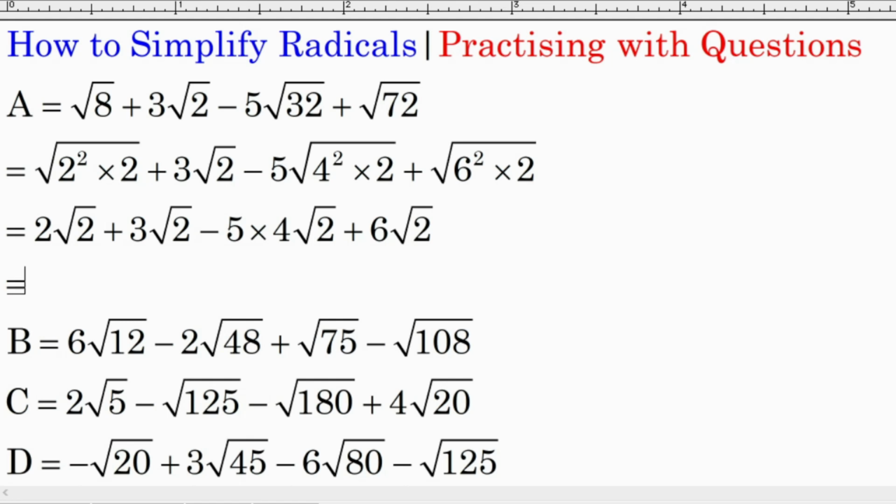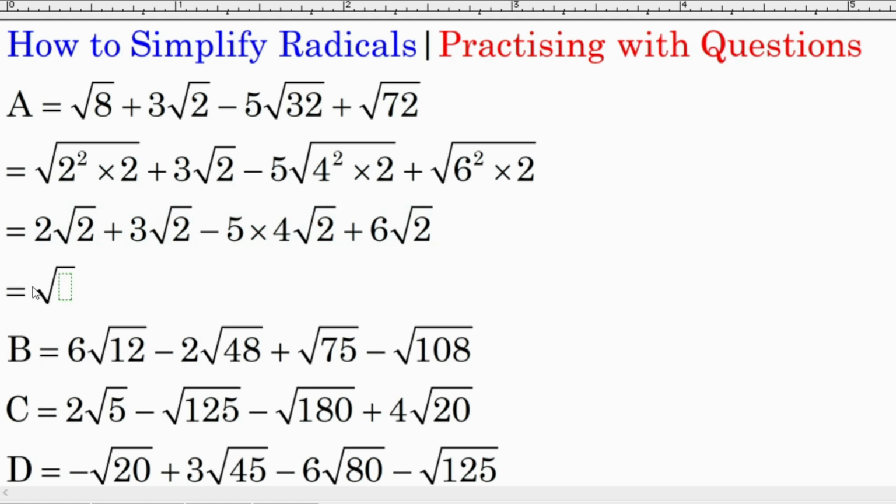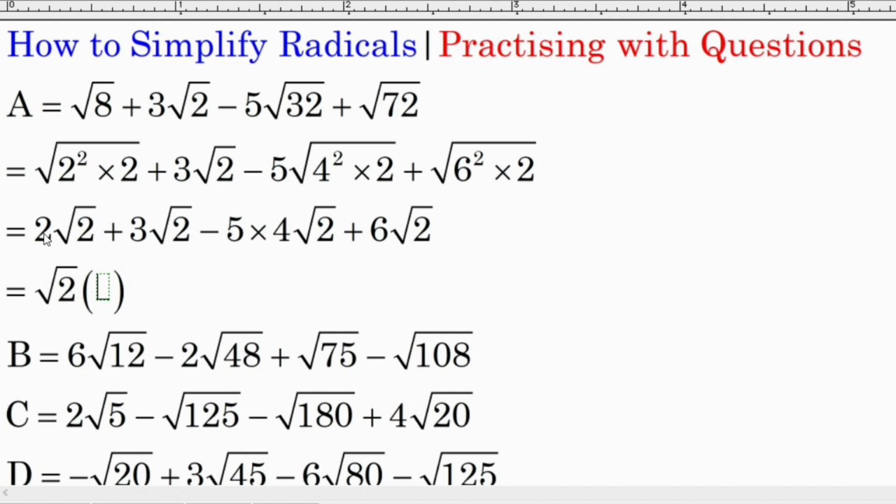Now we can add or subtract these numbers because we have the same radicals. When we have the same radicals like this, we can just factor out square root of 2, and then here we have 2 left, and then plus 3, and then here we have minus 5 times 4, which is equal to 20.